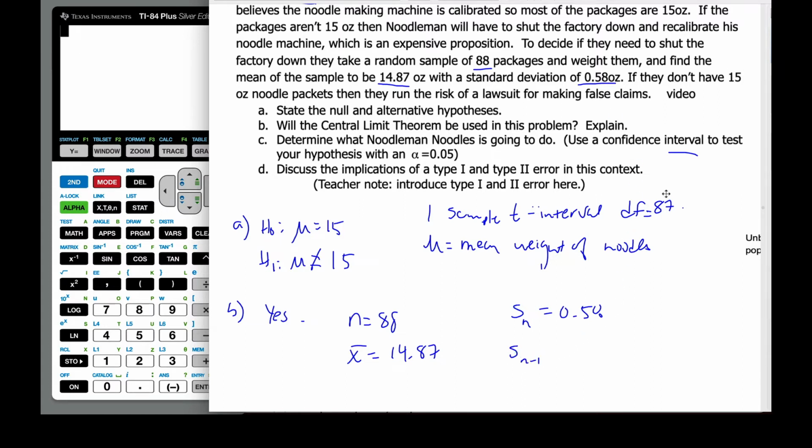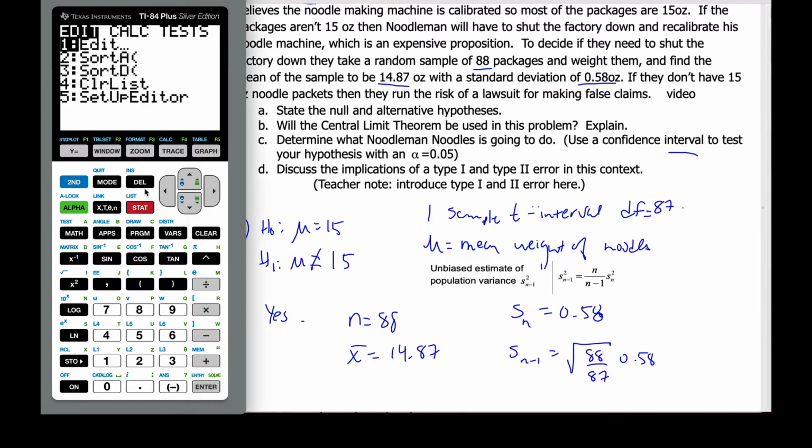This is biased because it's the actual standard deviation of the sample. So in order to do it, I'm going to convert it. It's going to be the square root of 88 over 87 times the biased value, which is 0.58.